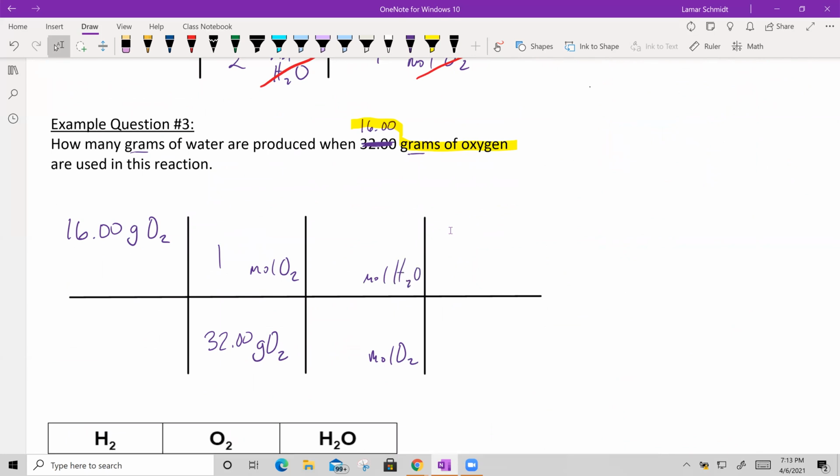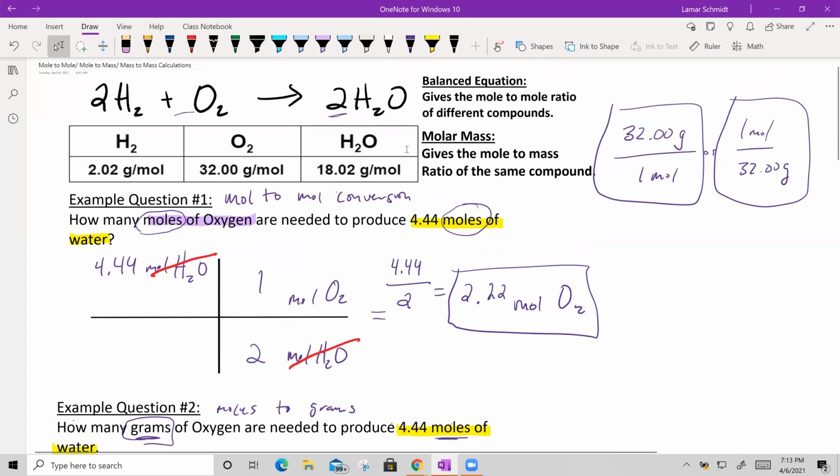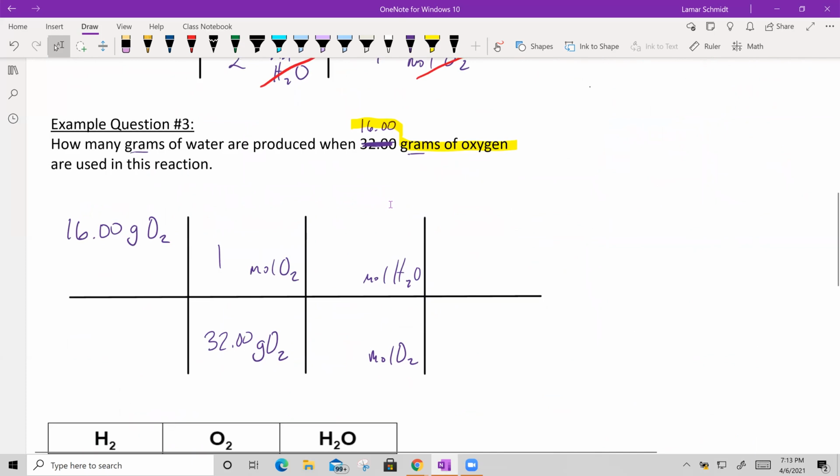And now we just plug in our coefficient. What is our coefficient of oxygen? 1. What is our coefficient of water? 2. So our coefficient of oxygen was 1. Our coefficient of water was 2. And then now we go to the next part of our bracket because we are not at grams of water. So now we're going to say moles of H2O.